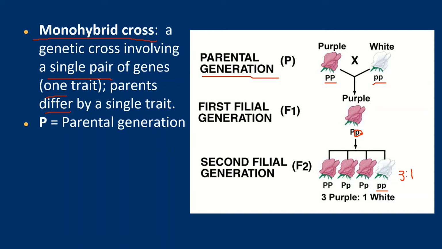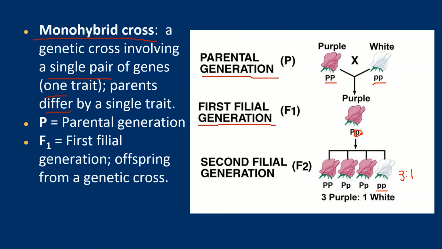Their resulting offspring is what we call the first filial generation, giving rise to only purple flowers. Even though you can see a little p here, this will only show phenotypically a purple color, because, as you remember, purple is dominant over white. Purple in its presence will mask the effect of the white. But what happens if we self-fertilize this F1?